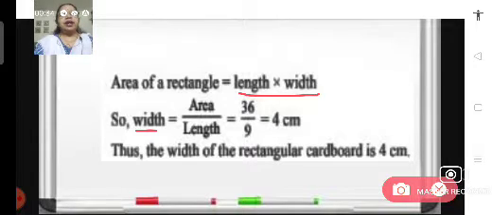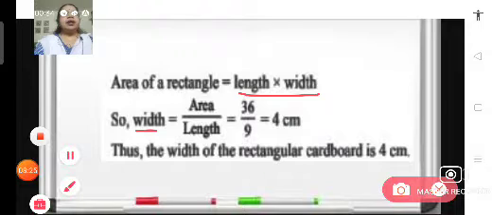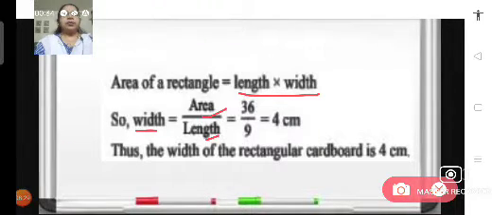Since we have area and length both, if we divide area by length, then we can get the width. That means if we divide 36 by 9, we get the width, which is 4 centimeters. Okay, so the width of the rectangular cardboard is 4 centimeters.